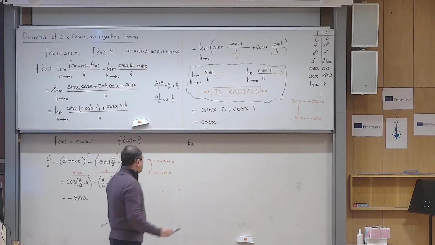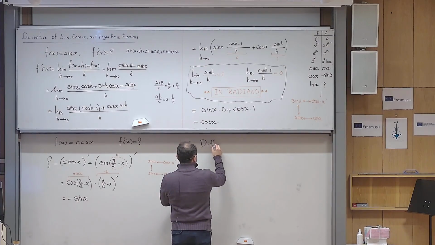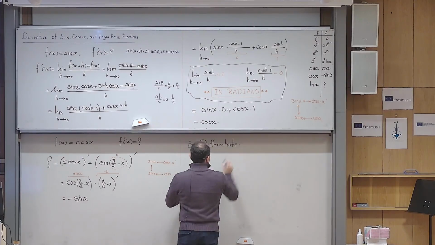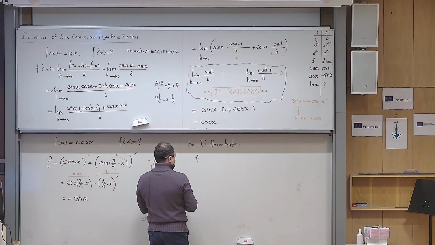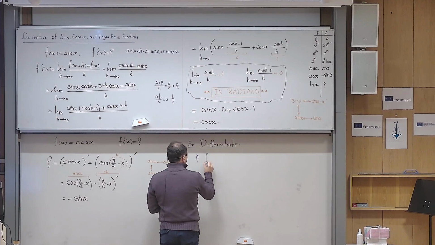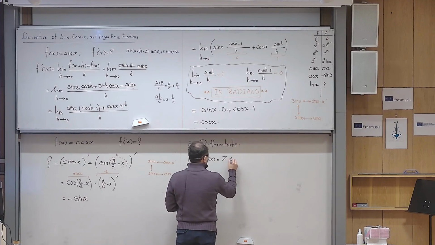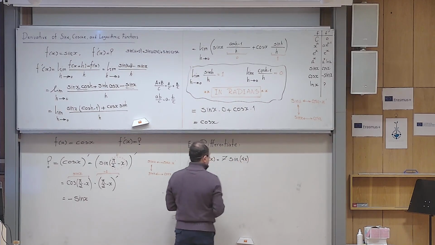Differentiate. Let me write a very simple one first. f of x is equal to 7 sine 4x.